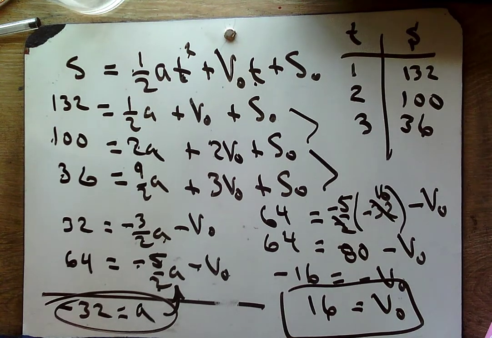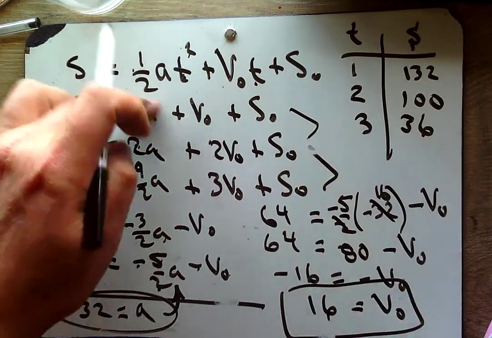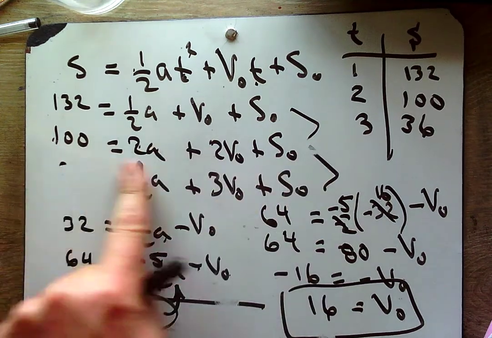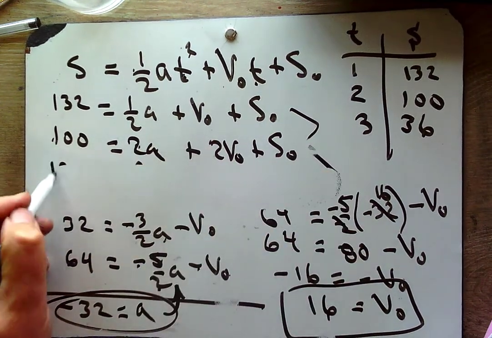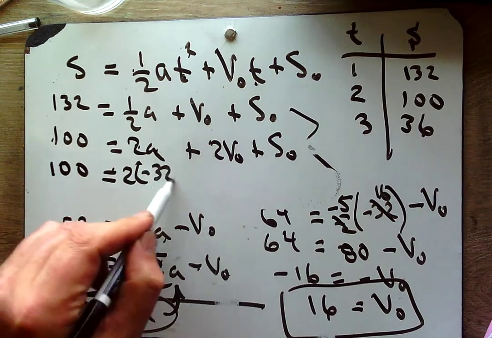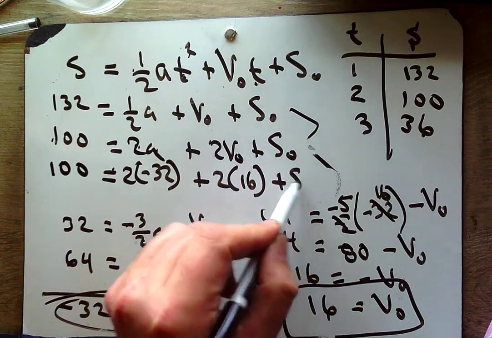I still need to find s sub o. So I'm going to take these values and I'm going to plug them in up here. Again, I can plug them into these, but I'm going to choose to do that one. So what will it look like when I do that? 100 equals 2 times negative 32 plus 2 times 16 plus s sub o.